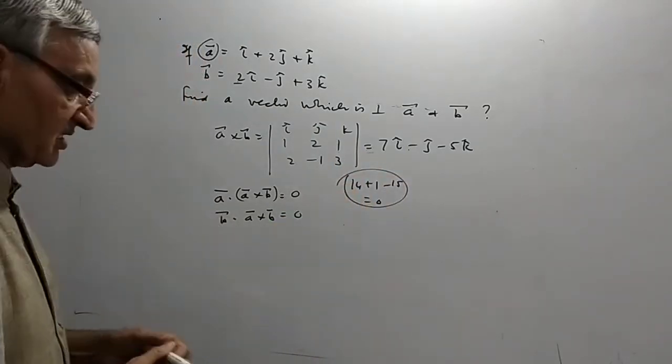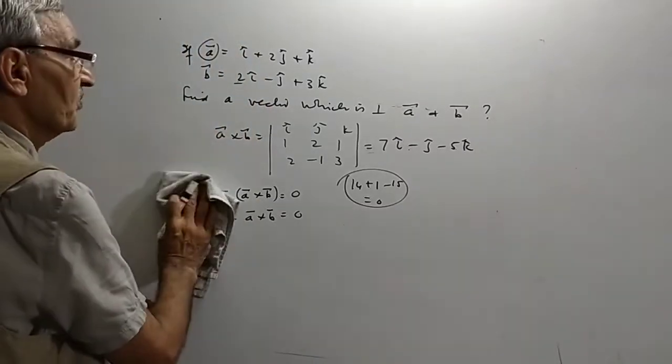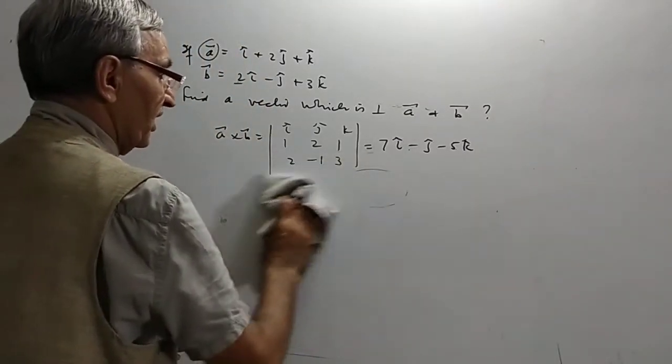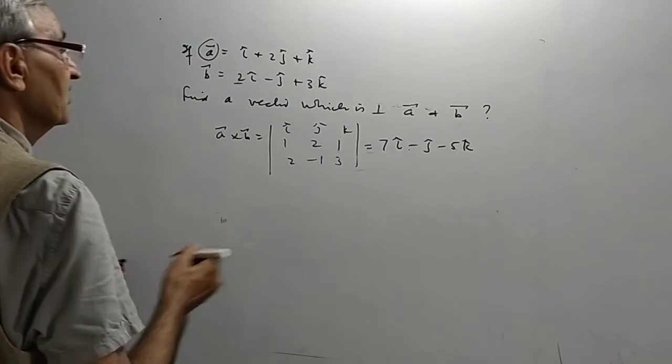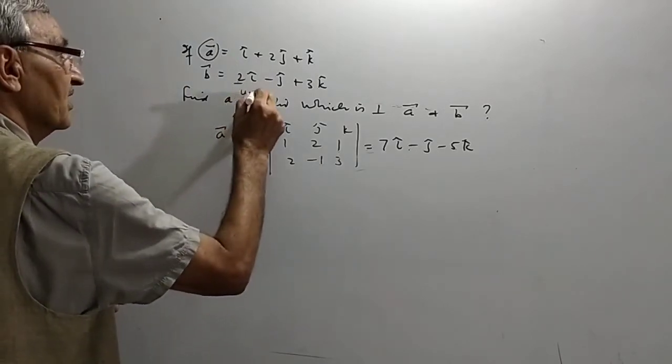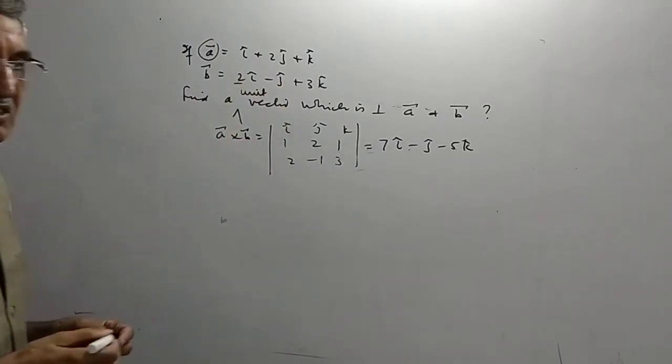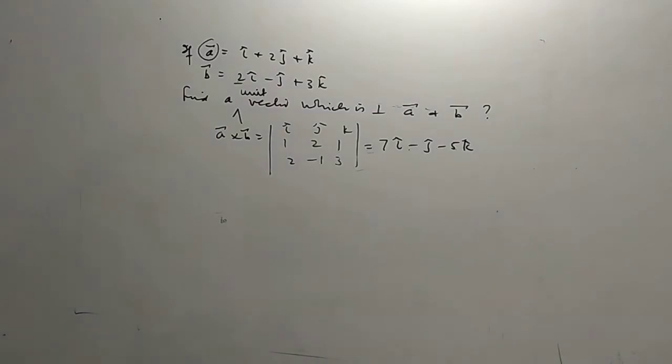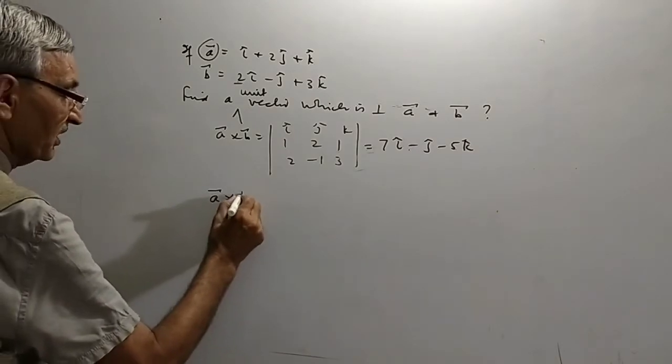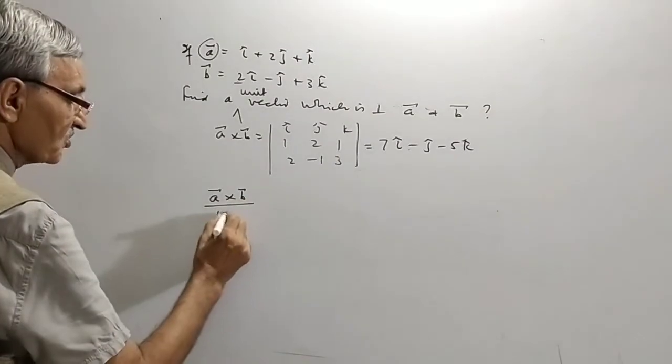The first question is saying find the unit vector perpendicular to A and B. If I have got the unit vector, so he asks us what is the unit vector perpendicular to A and perpendicular to B. Then in that case, when you find a unit vector, just A cross B divided by the magnitude of this one.